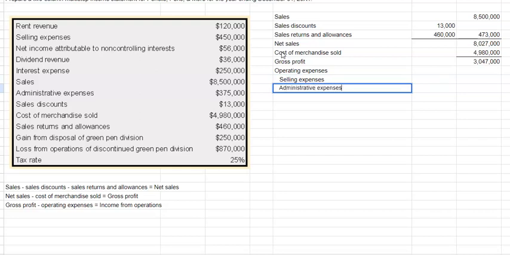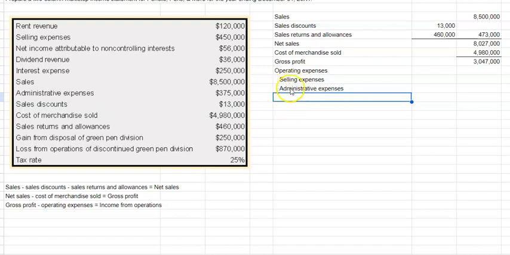Now, sometimes you might be looking at a different textbook and they might call these something a little bit different. Just whatever textbook you're using for that particular course, take a close look at that operating section, see what they split it up into. But selling expenses and administrative expenses, those are the ones that are probably in 90% of your textbooks, and it might just be throughout your whole curriculum here at IRSC. But just be aware, sometimes I see it separated into weird things in the real world.